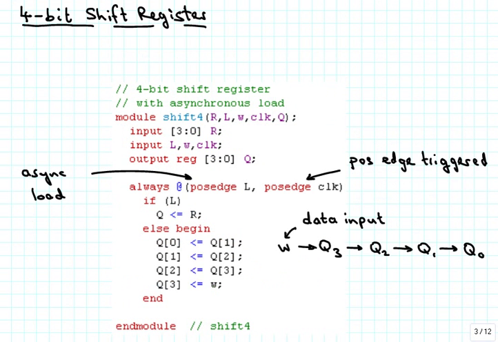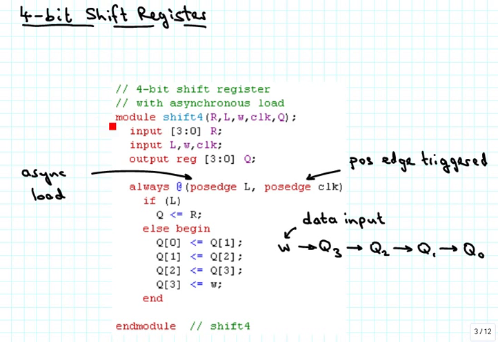The next example that we're taking a look at is a 4-bit shift register. It is hard-coded, so it doesn't have a parameter here. We set directly both Q and R as 4-bit vectors that go with indexes from 3 to 0.